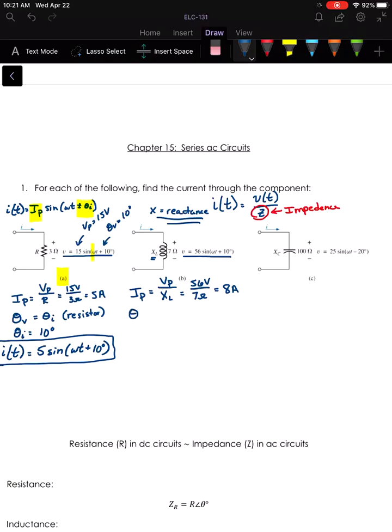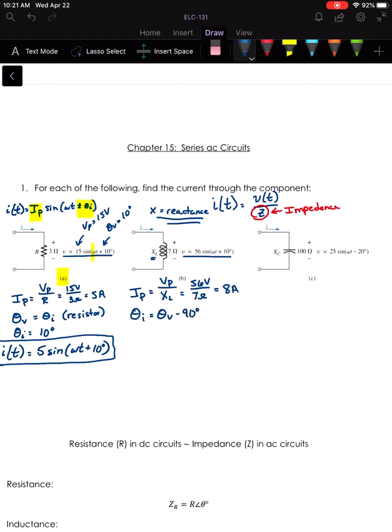Now for an inductor, remember that the voltage actually leads the current by 90 degrees. Actually, let me write this in terms of our current, because that's what we're looking for. So the current is actually 90 degrees behind our voltage.